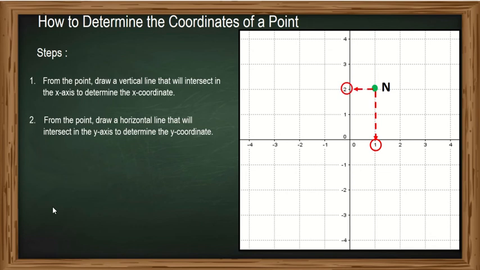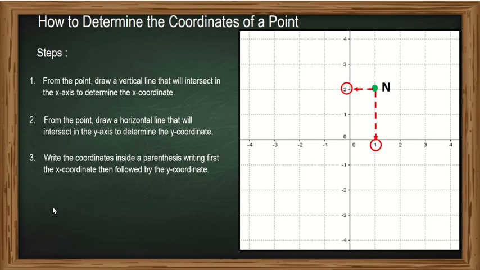So we have here the y-coordinate is 2. Then write the coordinates inside a parenthesis, writing first the x-coordinate, then followed by the y-coordinate. Do not interchange the order of the coordinates. So that is how we determine the coordinates of a point.